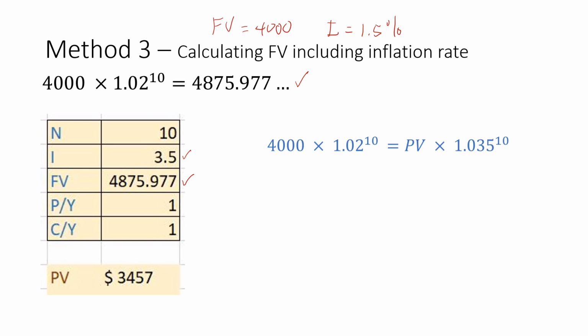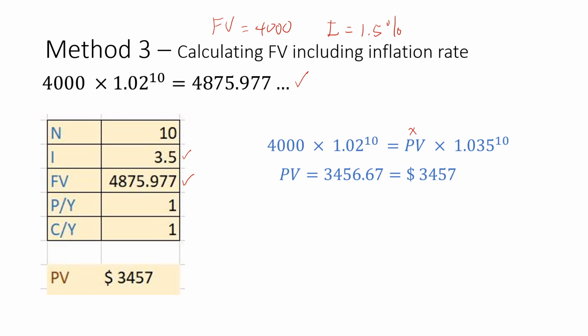You can write here X or any other letter in your numerical solve, or N. Okay, it's your choice. Then we'll have a present value which is also the same, $3,457.